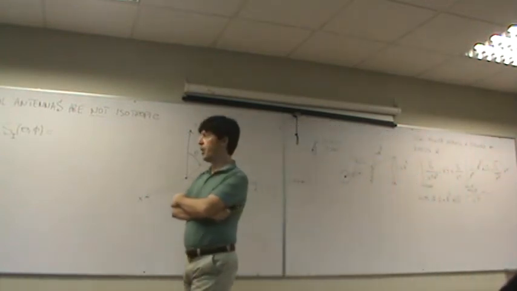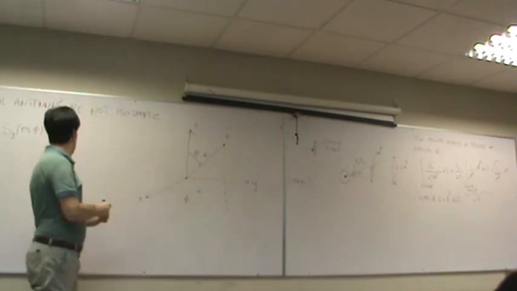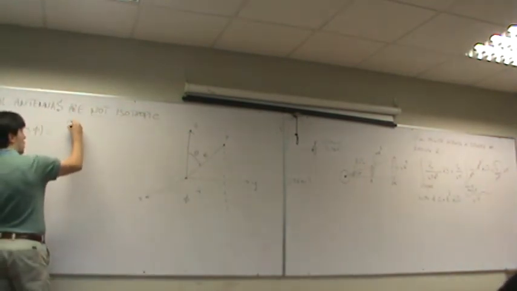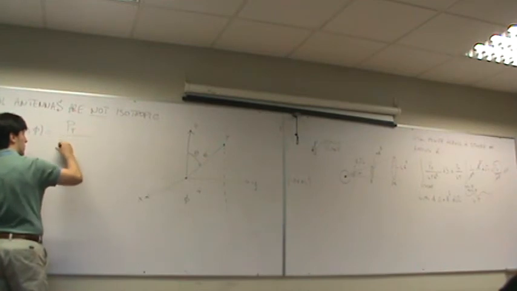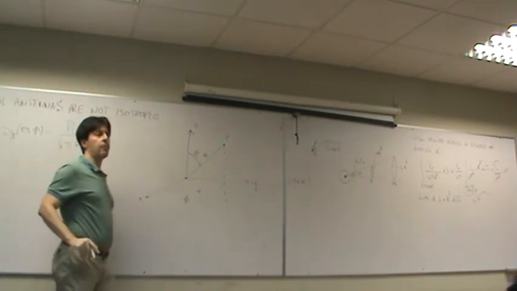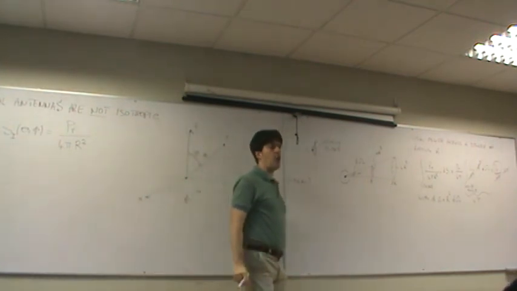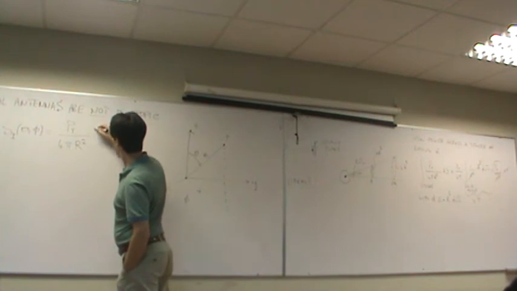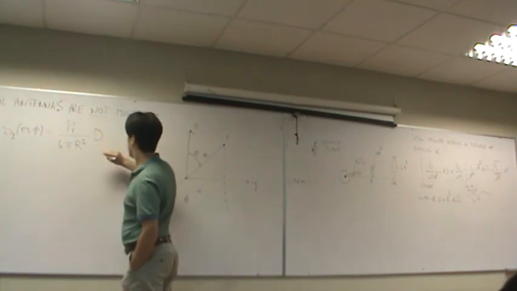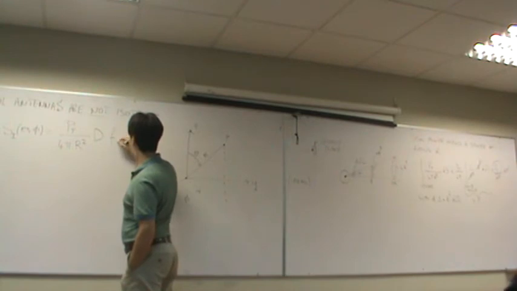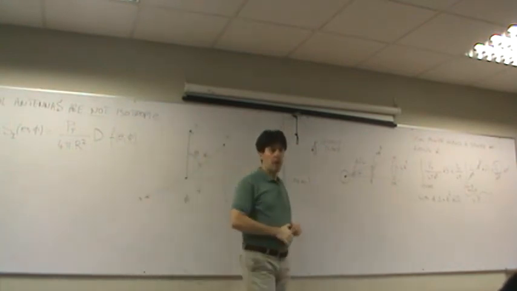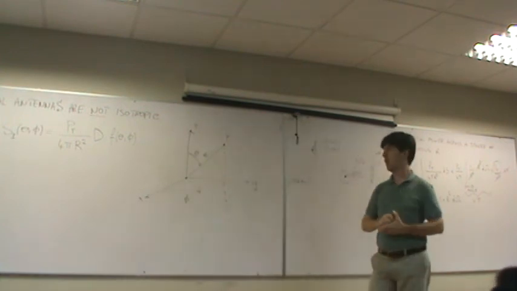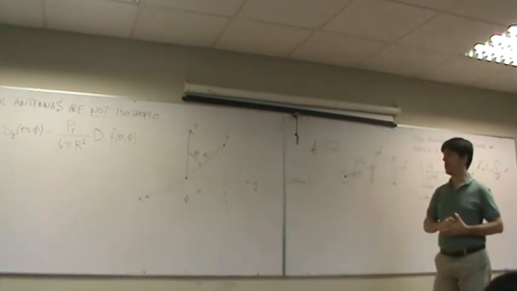So what changes in the power density? Not much, but we add something to the isotropic expression: two parameters, a constant D and a function f of theta and phi. And we will discuss those two parameters now.